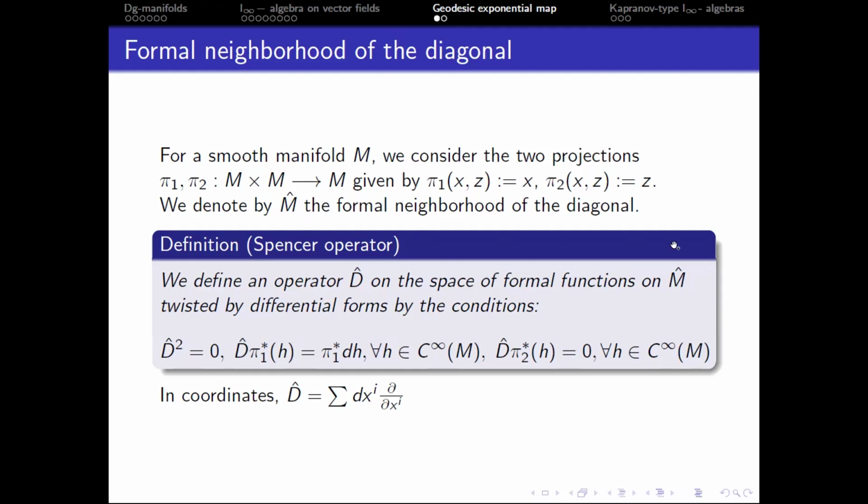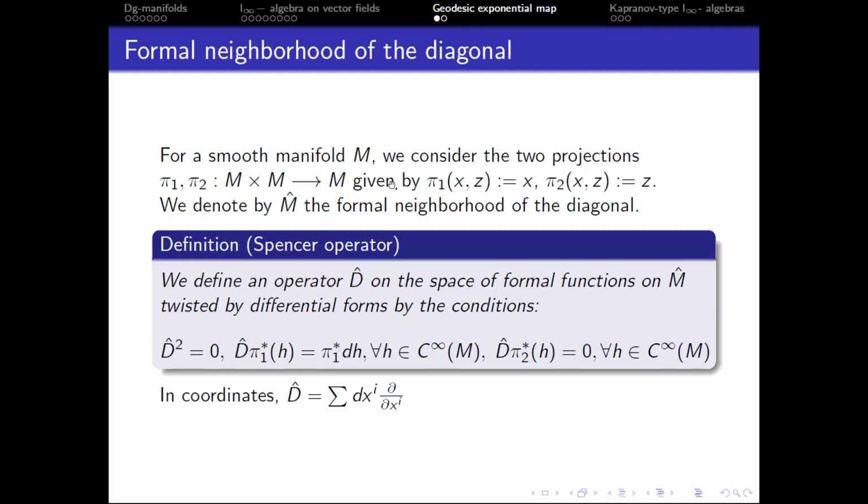So we can understand this in the following way. If I consider smooth functions in this type of space, we will have formal expressions. We have two variables, x, z, and if we are working near the diagonal, x and z are close enough, and you can consider smooth functions here.